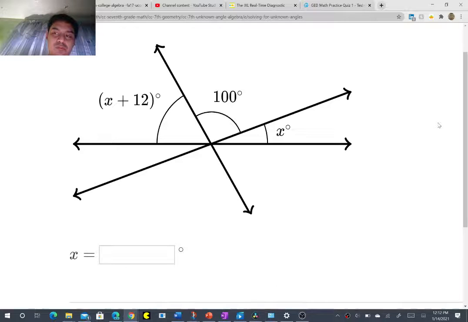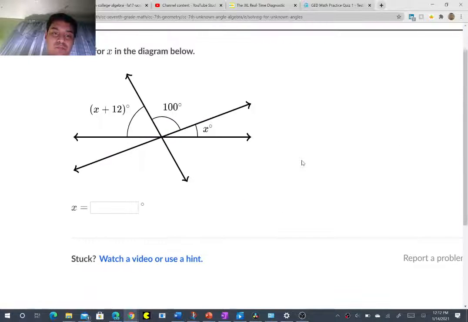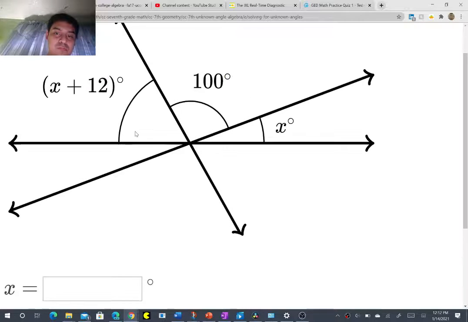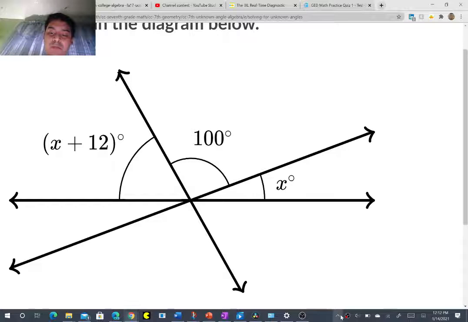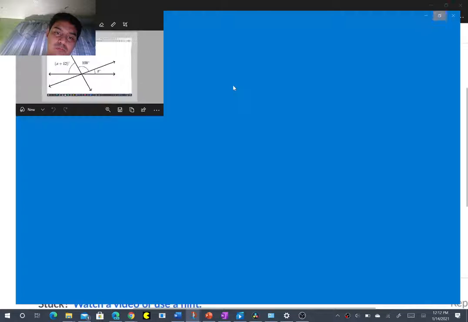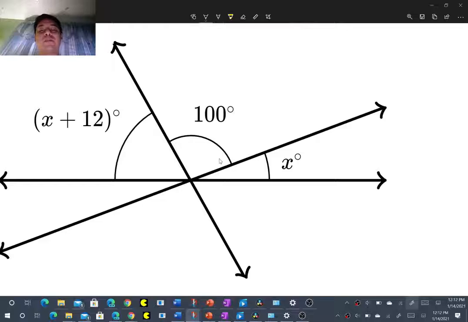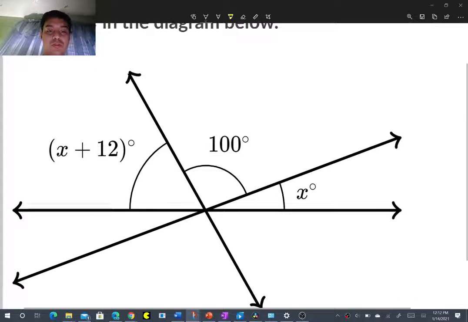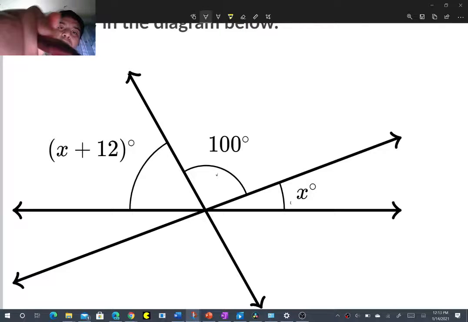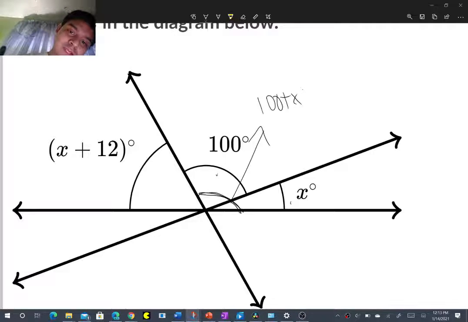So if you look at it, this side here, whenever you see two angles, one right here and another one right here, you can always form an angle and say that this is 100 plus x degrees.